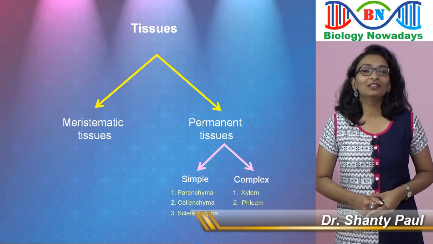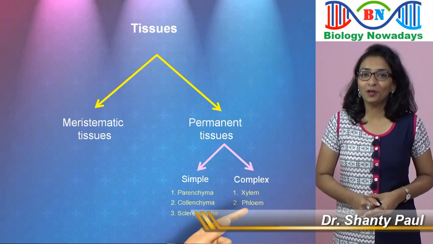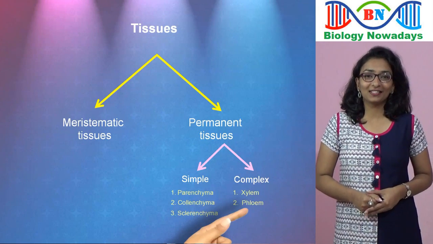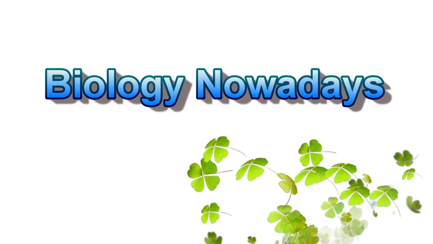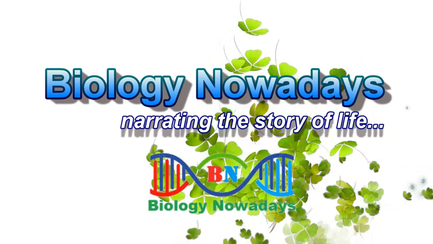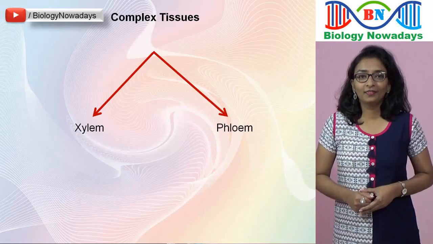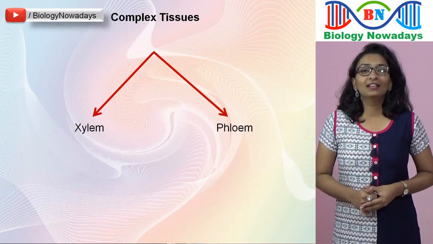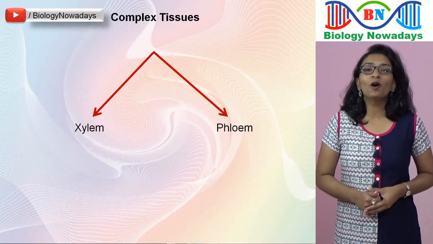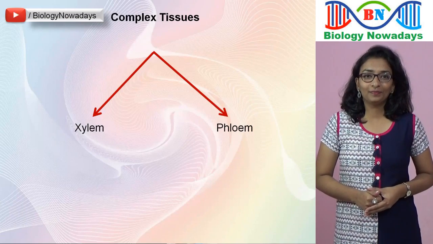In this video, we will learn about phloem, which is one of the complex permanent tissues present in plants. As you already know, xylem and phloem are the two complex tissues found in plants.